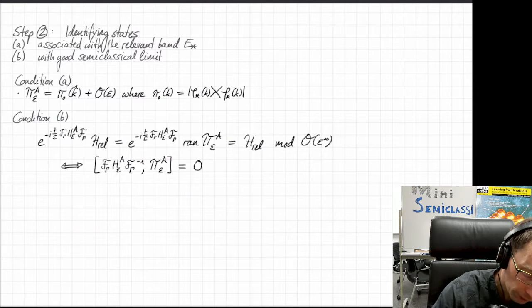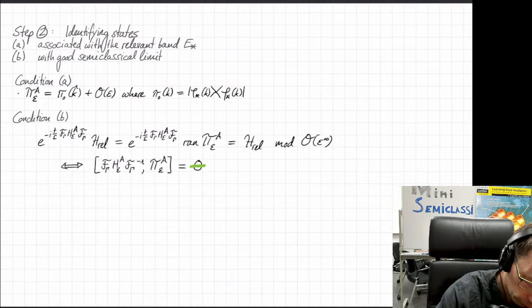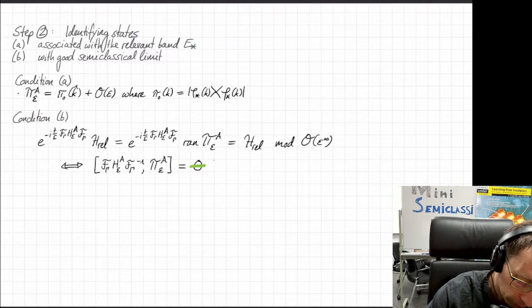Actually, as before, we have to replace "exactly commutes" by order epsilon infinity in operator norm.